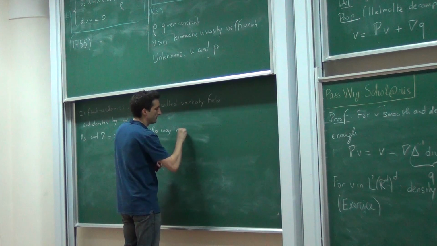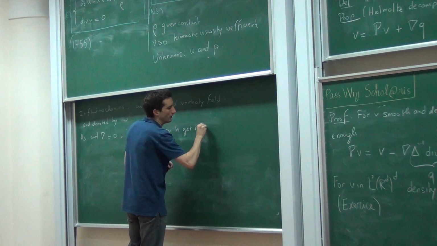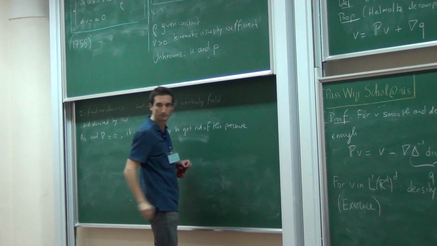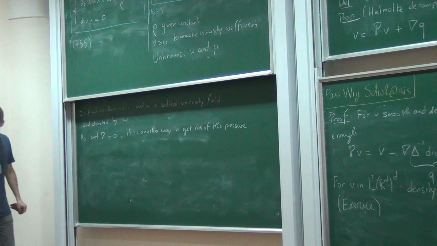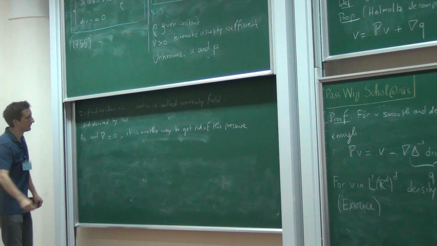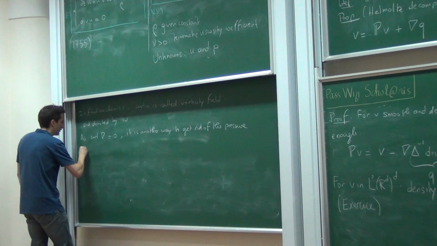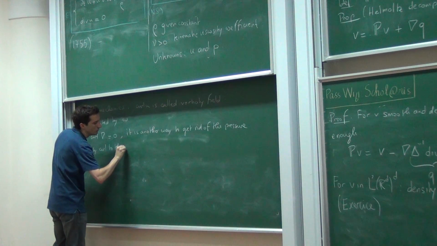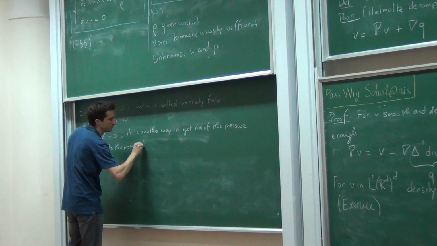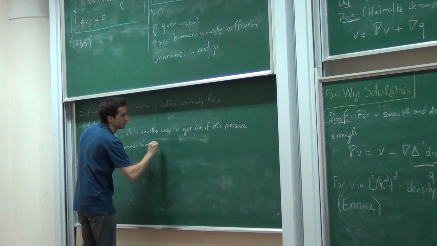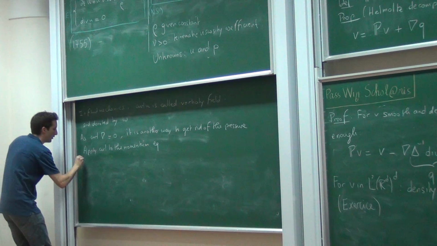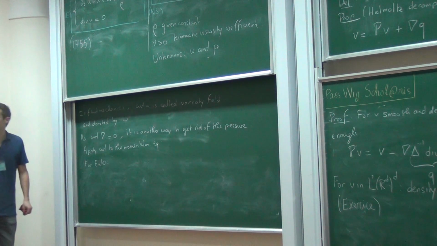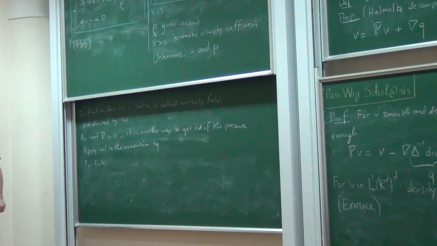So you apply curl to the momentum equation. Okay, so for Euler, when you do that, what do you get?